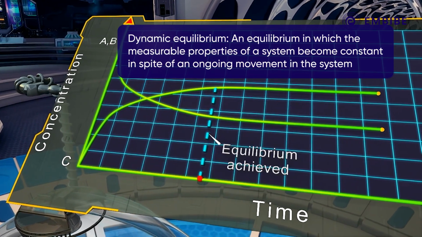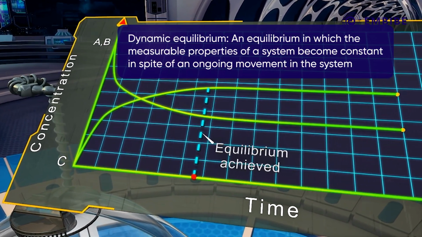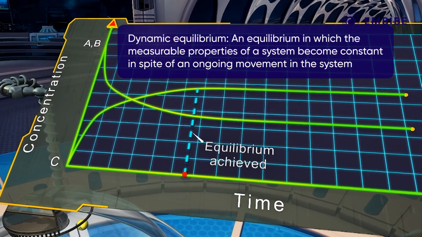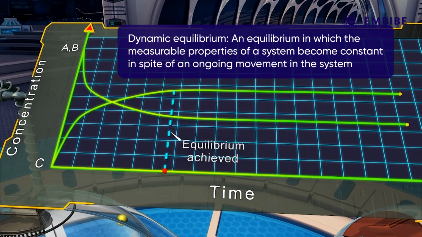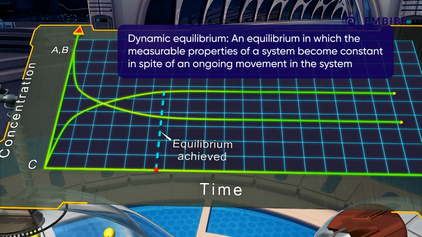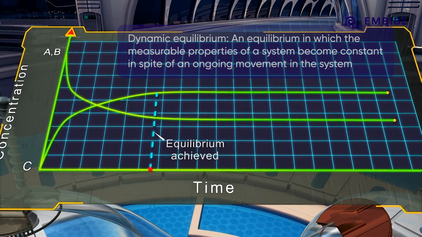Such an equilibrium in which the measurable properties of a system become constant in spite of an ongoing movement in the system is called a dynamic equilibrium.